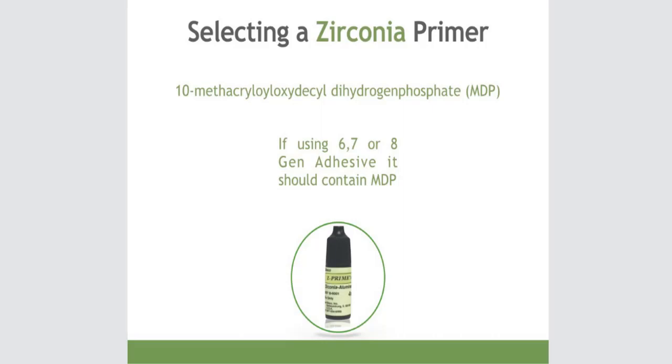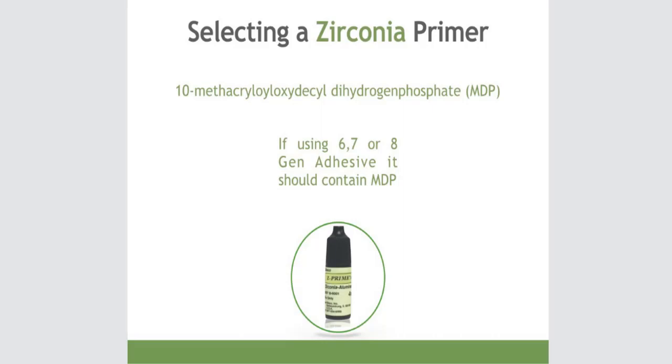Okay, and you want to be careful with that, because most experts agree that a specific primer should be used for the restoration itself, not adhesives. Even though adhesives might have this 10-MDP, it's suggested that a specific primer should be used. So be careful with that.